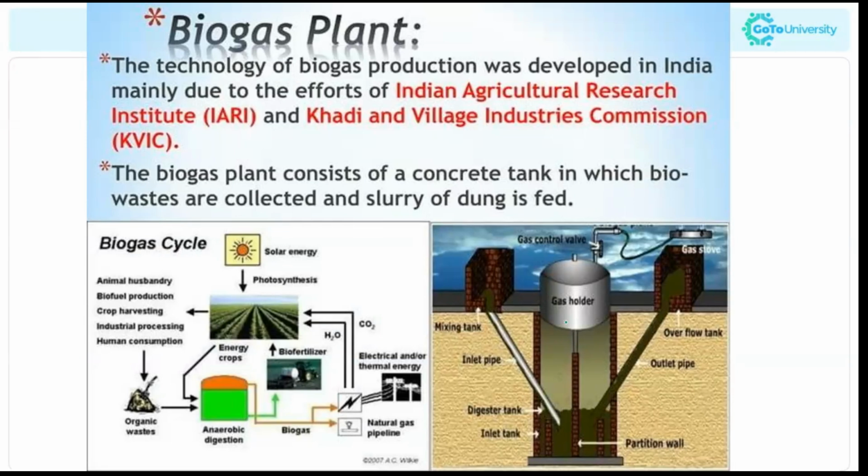Moving to the biogas plant next. The dung can be used to produce biogas, so gobar gas. In the same way, as we discussed, different organic products will produce different kinds of byproducts, isn't it?